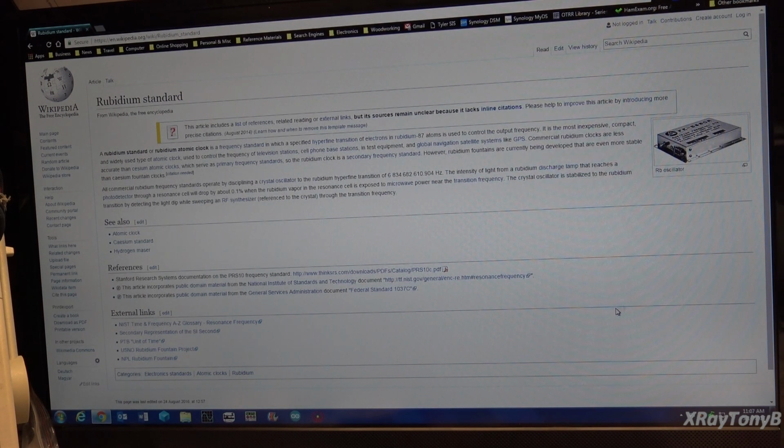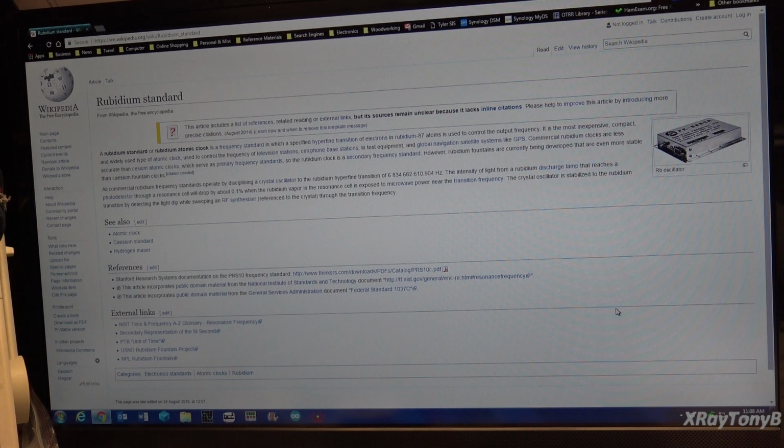When we talk about a radioactive element having a half-life, you've heard the word half-life before, that is the period of time it takes a radioactive element to have half of the radioactivity it had when you started counting.